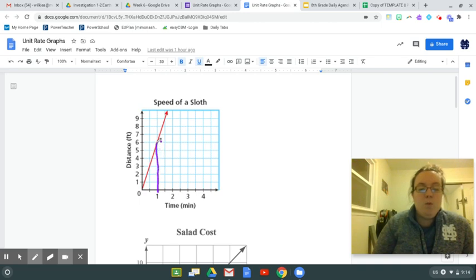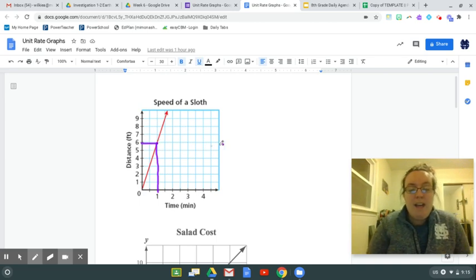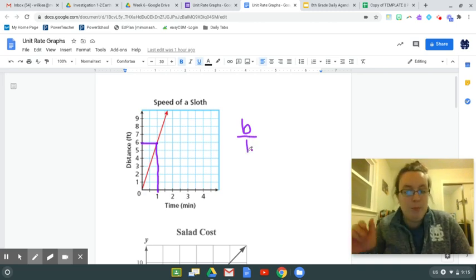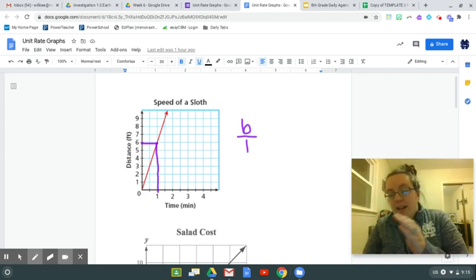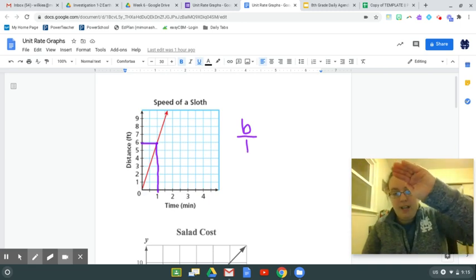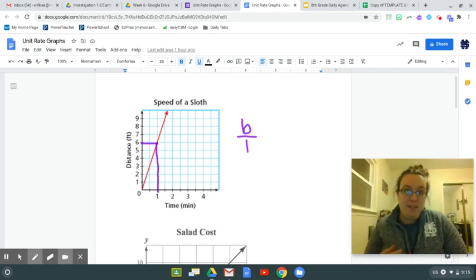So my line hits right here, right at that point where I stopped. I'm going to look over to the left and see what number that's at. Well, that's at 6, okay? My answer for my unit rate is just that number on the left, on the y-axis, 6 over 1. Boom, that's it. You find 1 on the x-axis, go up to where it hits the line and see where that's at on the y-axis, okay?